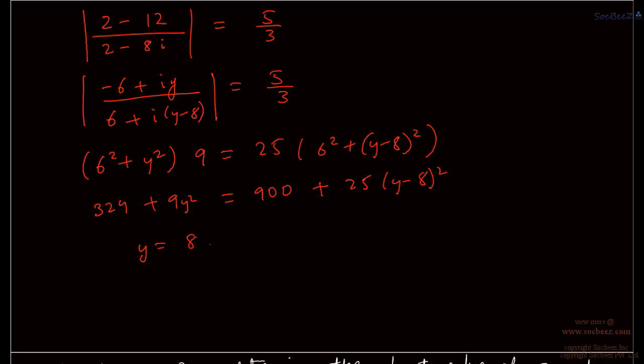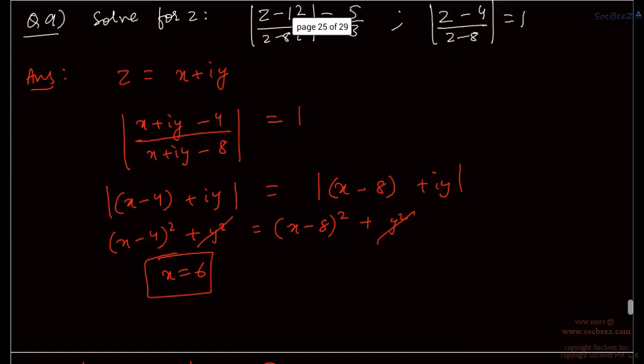Solving this equation, we get that y is equal to either 8 or 17. These are the possible roots of the equation. Now, both of them are completely fine. We are supposed to actually back check these kind of questions, because sometimes we may get some extra solutions which may not be correct for the specific question.